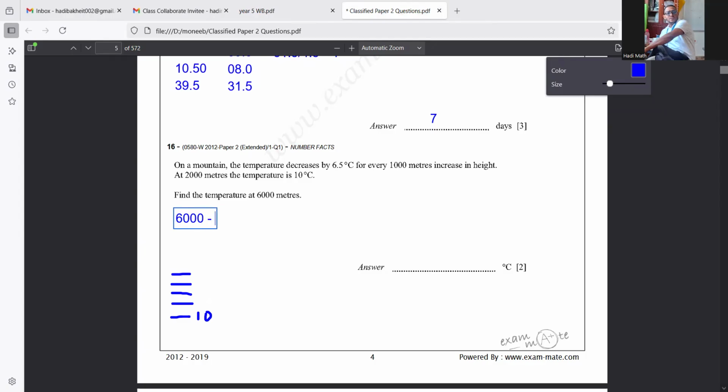So you see, 6,000 minus 2,000 is equal to 4,000. Then they increase every 1,000. So 4,000 divided by 1,000 is equal to 4. So in this 4, the decrease will be 4 times 6.5, because it's going to be every 6.5.